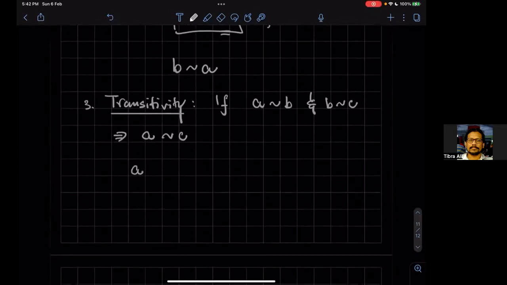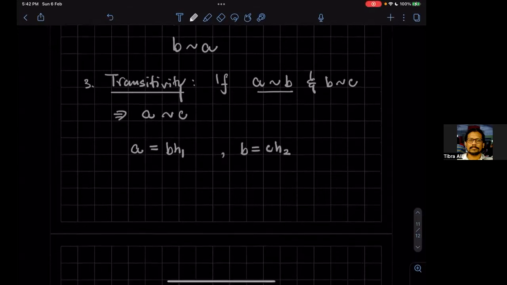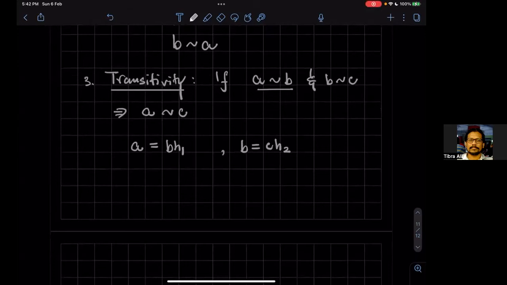Suppose that since A is equivalent to B, we can write A equals BH1, and B is equal to, say, CH2. Now all we have to do is replace the expression for B into this equation. Then we get A is equal to CH2H1. But H is a group, so H2H1 will give you some other element, say H3.